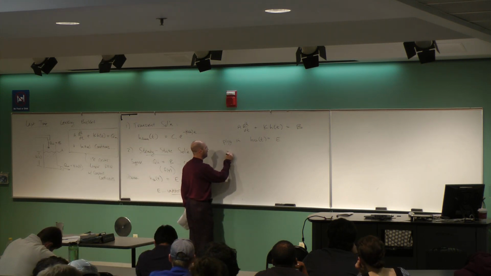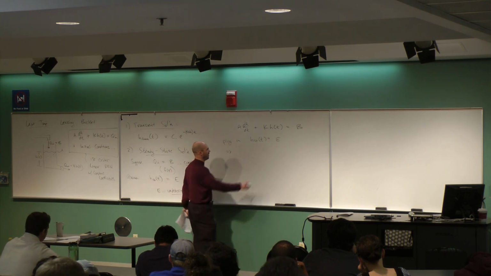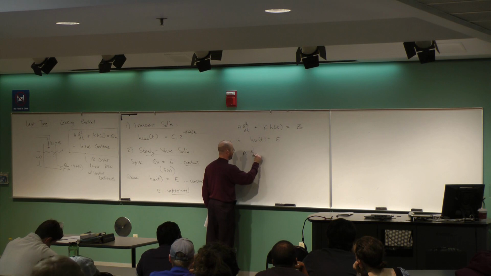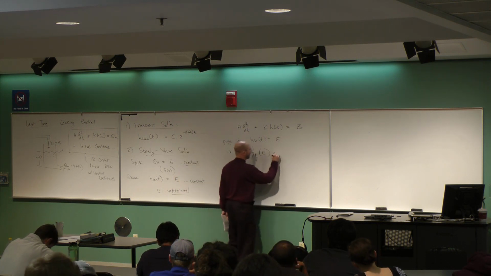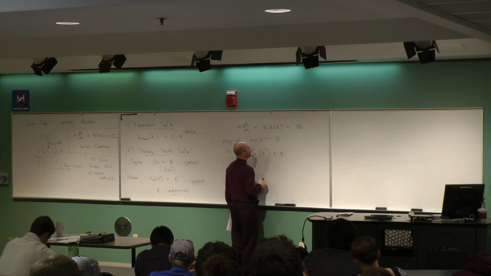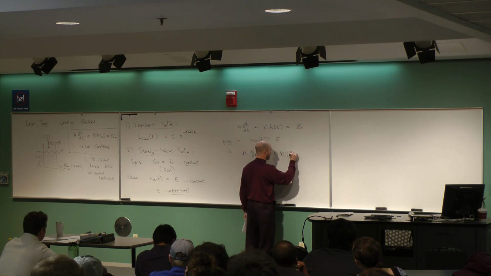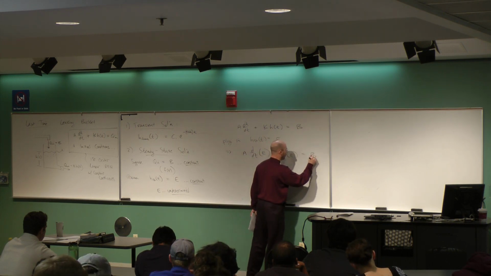There is no t. So I need a times the derivative of this. So I'll write it out. A times the derivative of the constant E. Plus, I've got k times h. Well, the steady state solution is just E, right? And that is supposed to be equal to B.